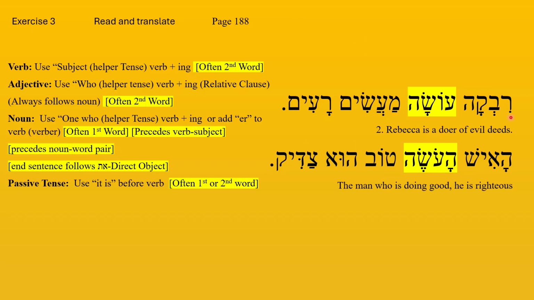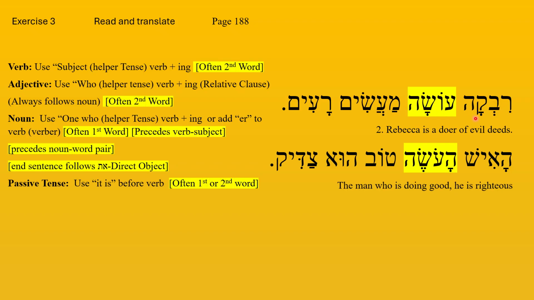Number 2, Rivka osa ma'asim ra'im. So Rebecca, first position, noun, probably the subject. Ose could be the verb. There's no other verb here in the sentence, so we begin by assuming this is the verb.